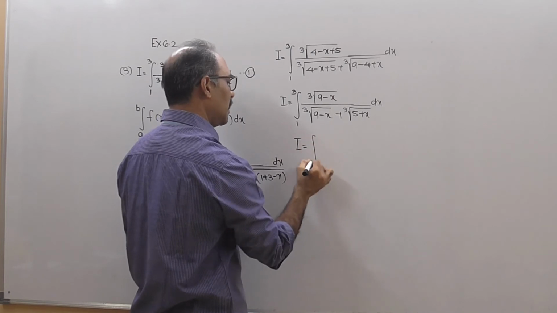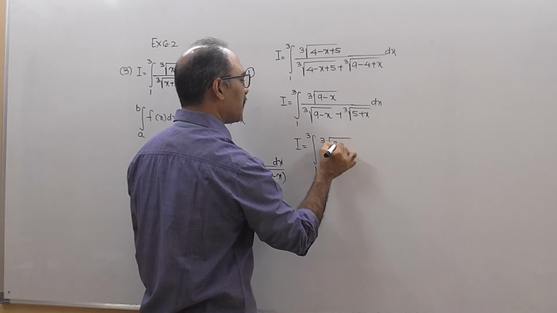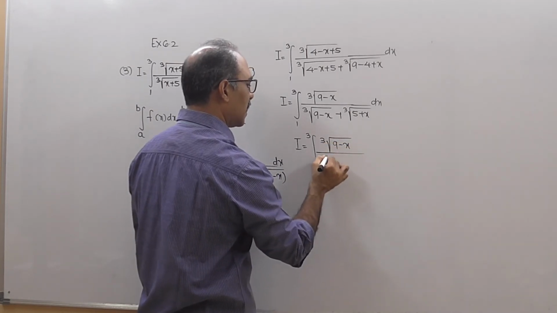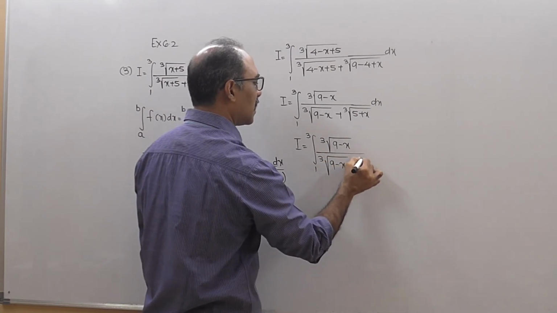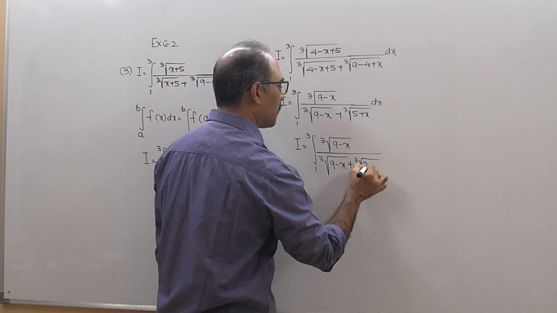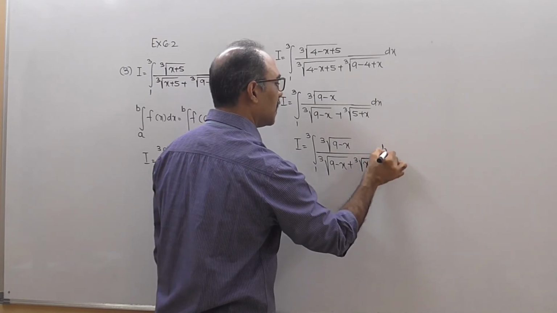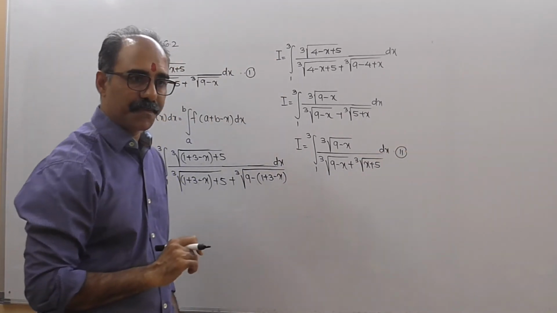So I equal to integration of 1 to 3. This is cube root of 9 minus x. Denominator is again cube root of 9 minus x. This you write it as cube root of x plus 5 dx. You cannot simplify more than this, so we name it as 2.